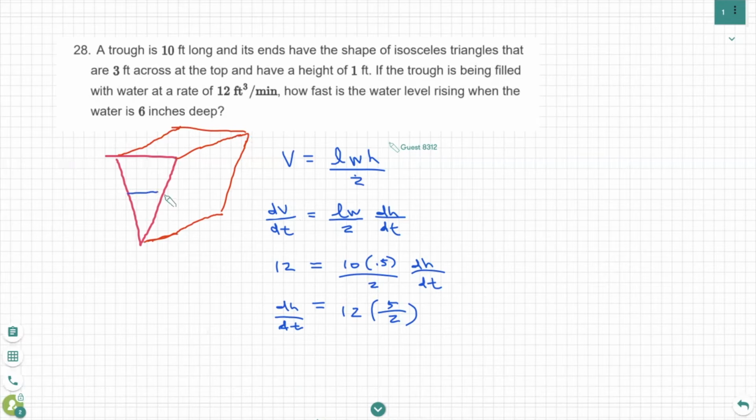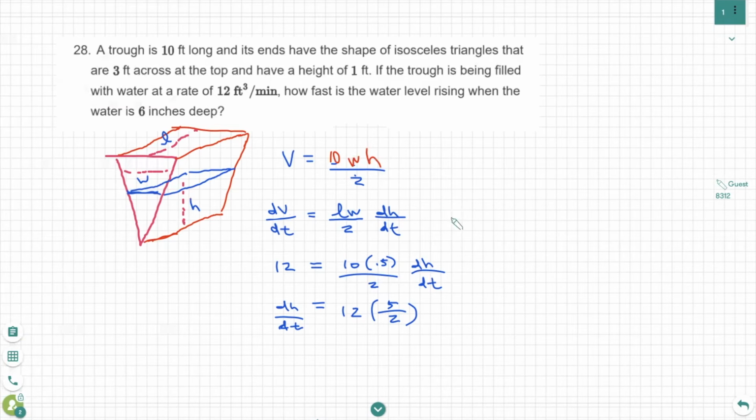So which ones are going to be constants? Which ones are variables? Length would be constant, but height and width would be variables. So for length, we have width times height.